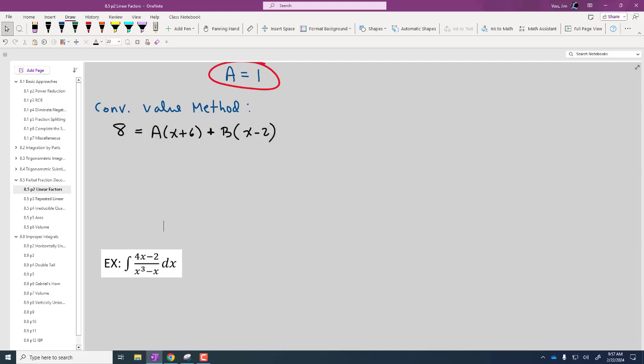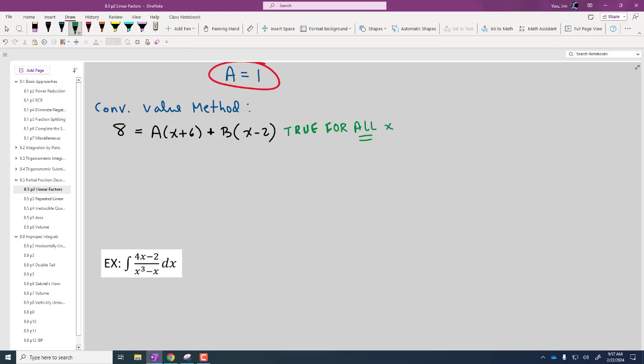In the traditional method, we distributed everything and created a polynomial on the right and matched it to the polynomial on the left. Here's the convenient value method. We imagine this equation is true for every single x. It's an identity.